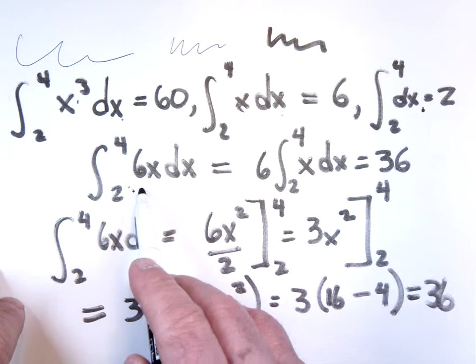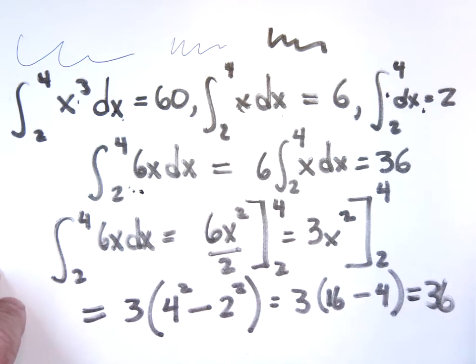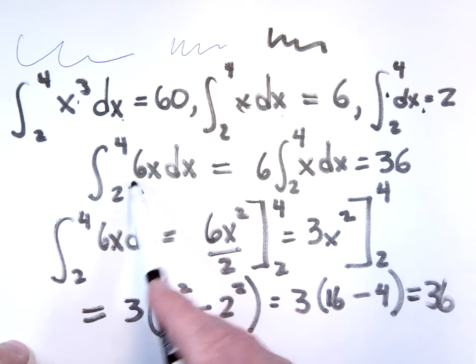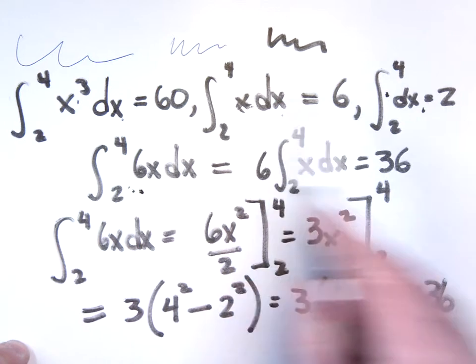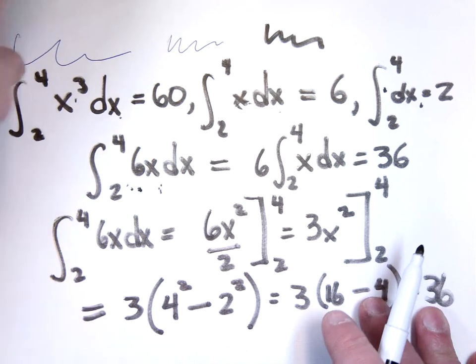I don't know why they gave you all 3 of them, just for laughs, I guess. They wanted you to use these values to evaluate this integral, and that's what we did. It was a good joke. You have a sense of humor when you're doing these things.